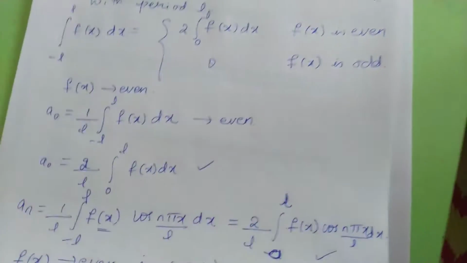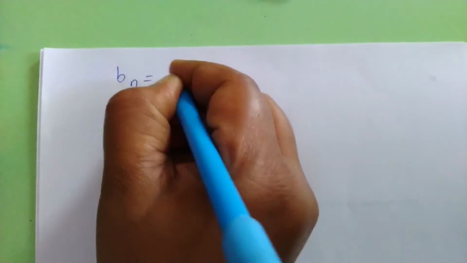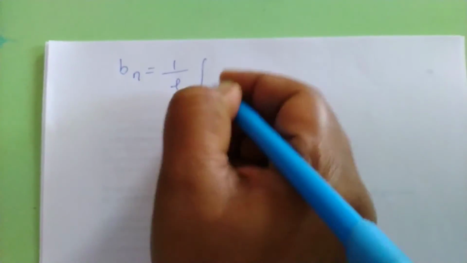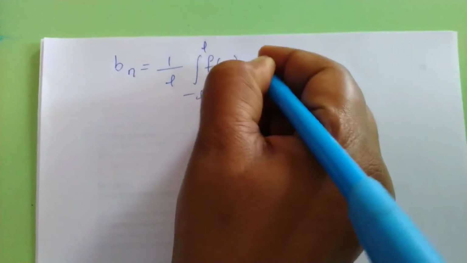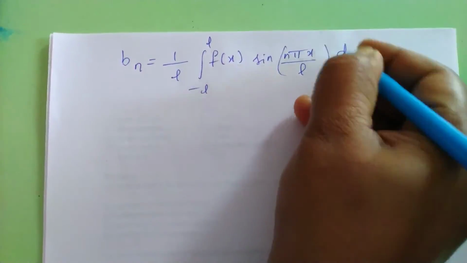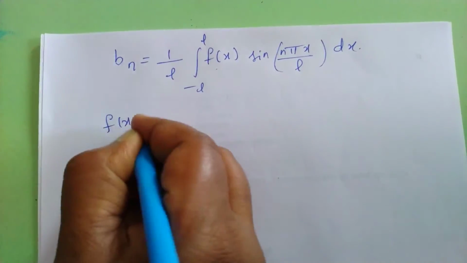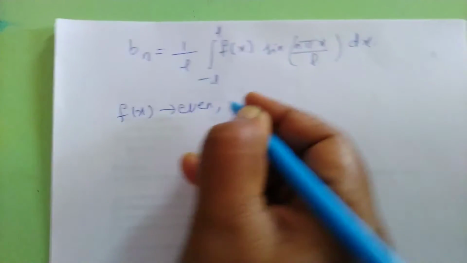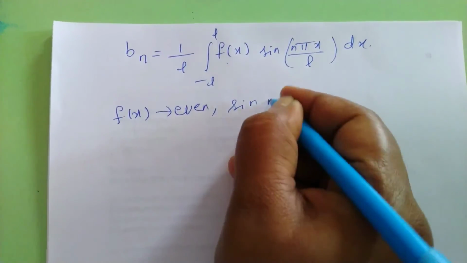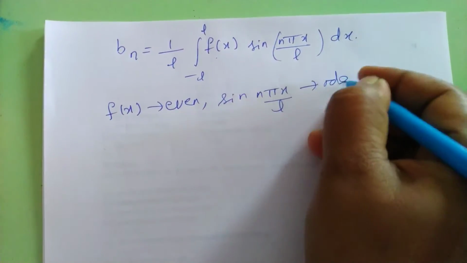Now let us see what happens to bn. Bn formula we know is 1 by L integration from minus L to L fx sin n pi x by L into dx. We know that f of x is an even function, whereas sin n pi x by L in the interval minus L to L is an odd function.